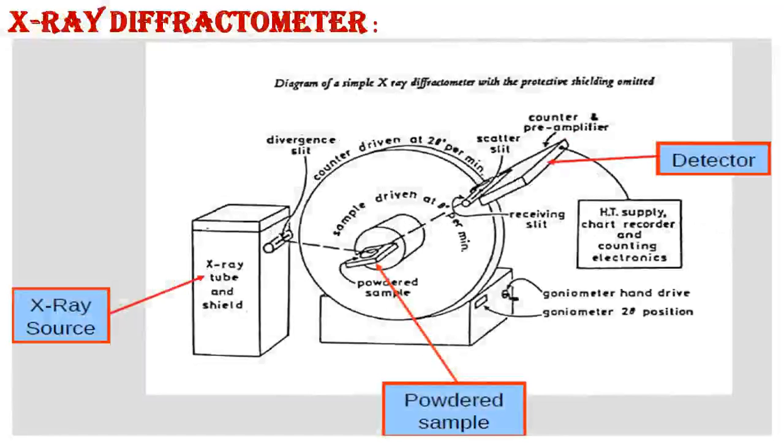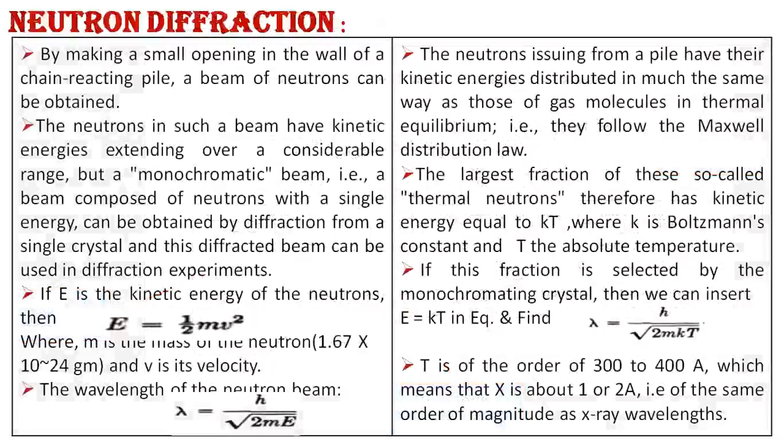So that is the XRD diffractometer setup. So as the X-ray tube, we have to put up the sample powder and we have to generate the X-ray diffraction. Next one is the neutron diffraction. By making a small opening in the wall of the chain reacting pile, a beam of neutrons can be obtained.